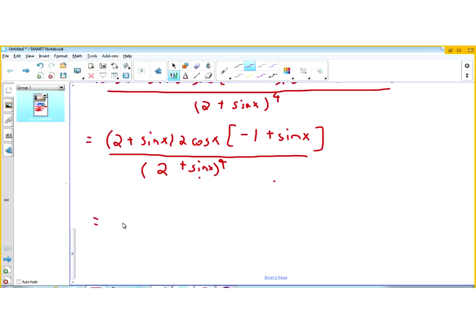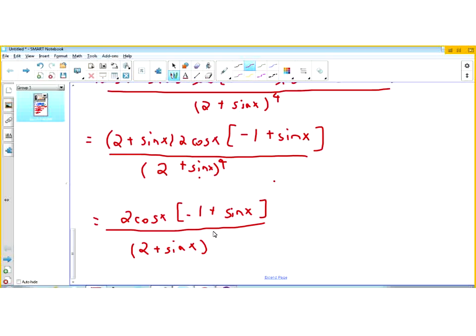So that would equal 2 cosine x times negative 1 plus sine x, divided by 2 plus sine x cubed. Okay, so now, is that what they got?